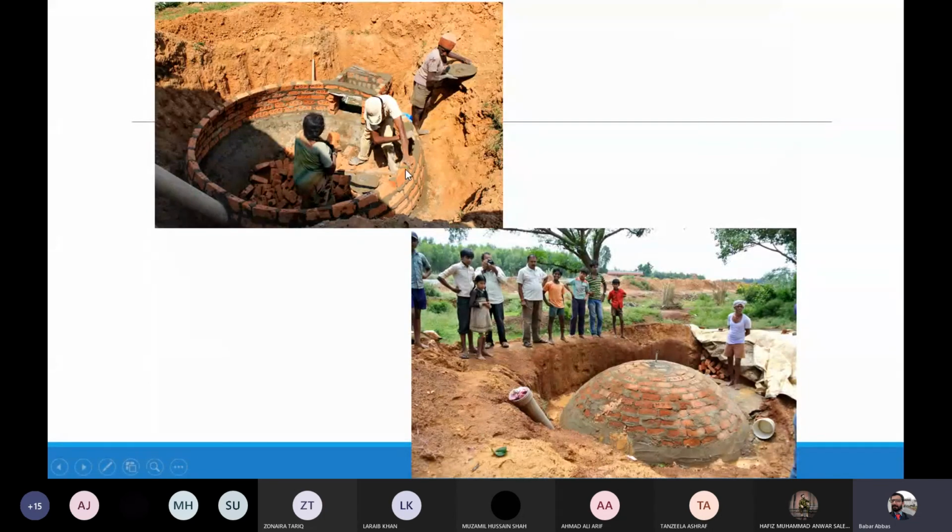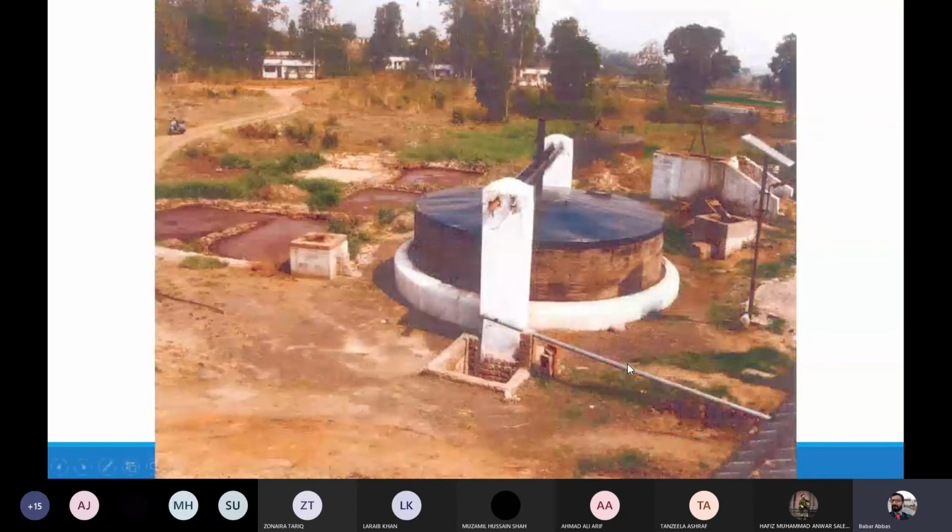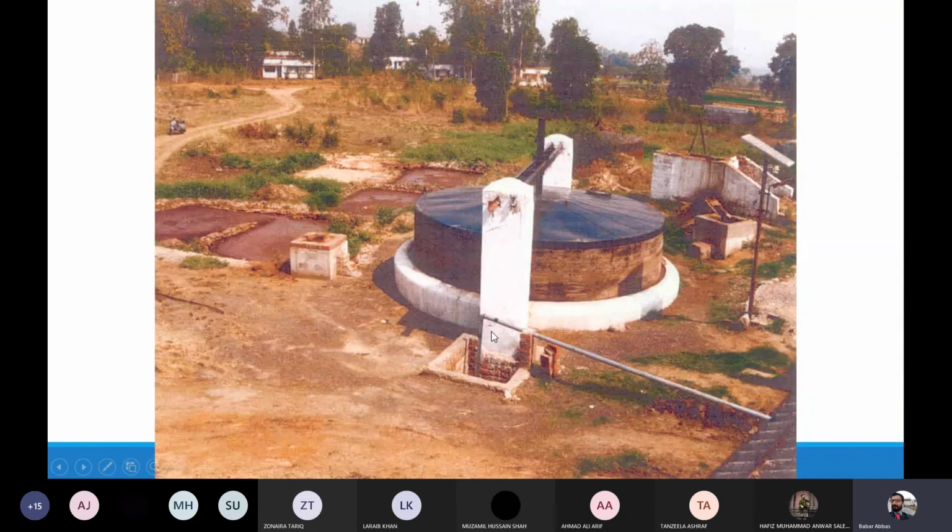These are the construction phases. This is showing the construction phases of a biogas dome in India at local village level. You can see the completion of this process. This is another mechanized anaerobic reactor for the production of biogas.